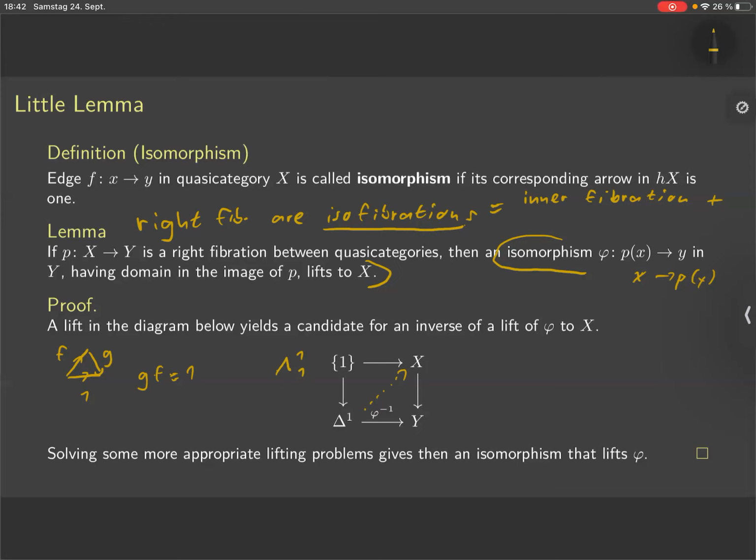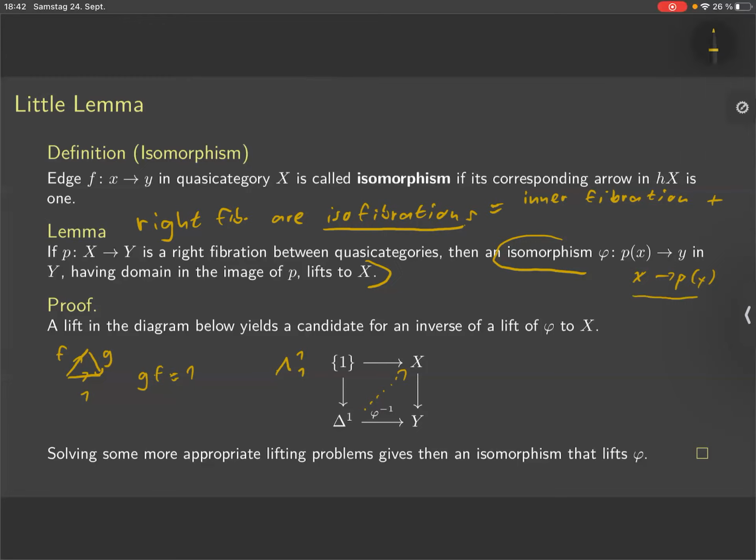These are a few things that we probably did, but it is not too important to see the details. Just remember that right fibrations actually satisfy this condition that we can lift every edge which starts at P of X and goes to some other Y, or also this condition on the other side.